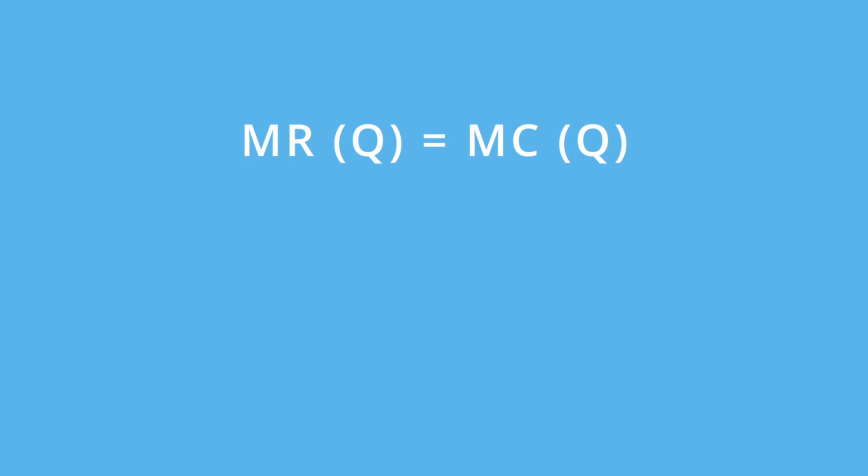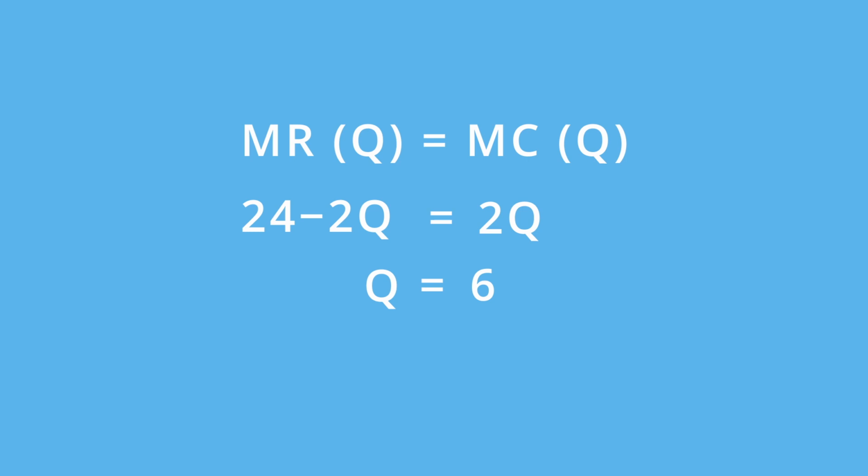As mentioned earlier, the monopoly firm can maximize profit by equating the marginal revenue and marginal cost. That is, marginal revenue equals marginal cost. 24 minus 2Q equals 2Q. Thus, Q equals 6. It means maximal profit can be earned when the monopoly firm produces 6 units of output.